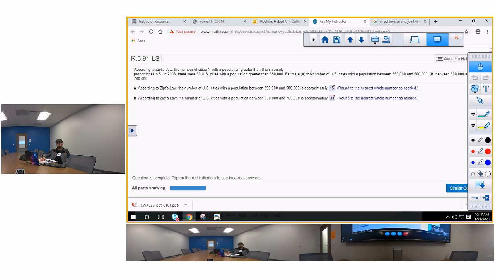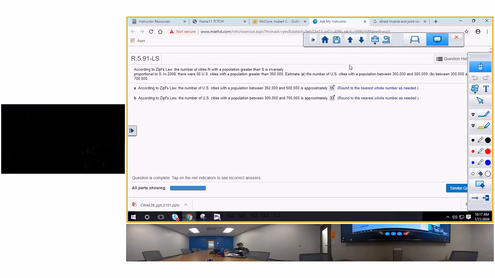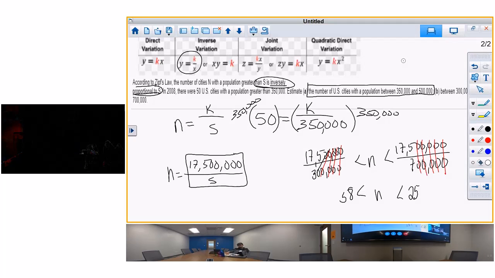Okay, the number of U.S. cities with a population between 350 and 500. I'm missing something that they're asking. Number of cities within a population. Okay, the number of cities, yeah, that's about the minus.